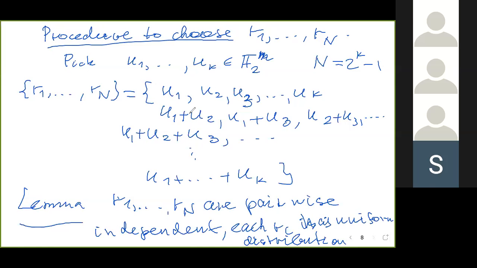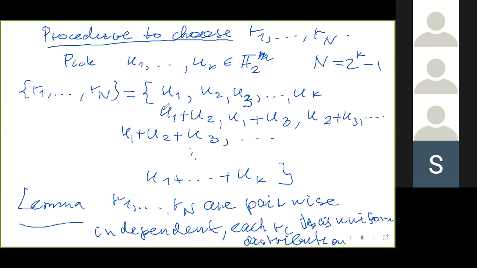So why are they independent? Well, for example, consider U2 and U1 plus U2. Whatever U2 we fix, U1 plus U2 will be uniformly distributed because of U1. And the same holds for any two vectors in this list, because there is at least one U which is present in one sum and absent in another one.